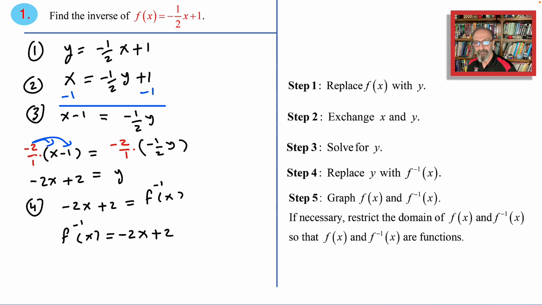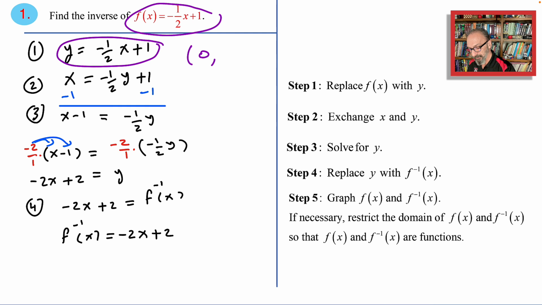Just to verify that this is the inverse, we could do the following. Let's say we plug in the function f of x right here, which is written also right here, plug in 0. What do we get? Negative half times 0 is 0, plus 1 will just give you 1.